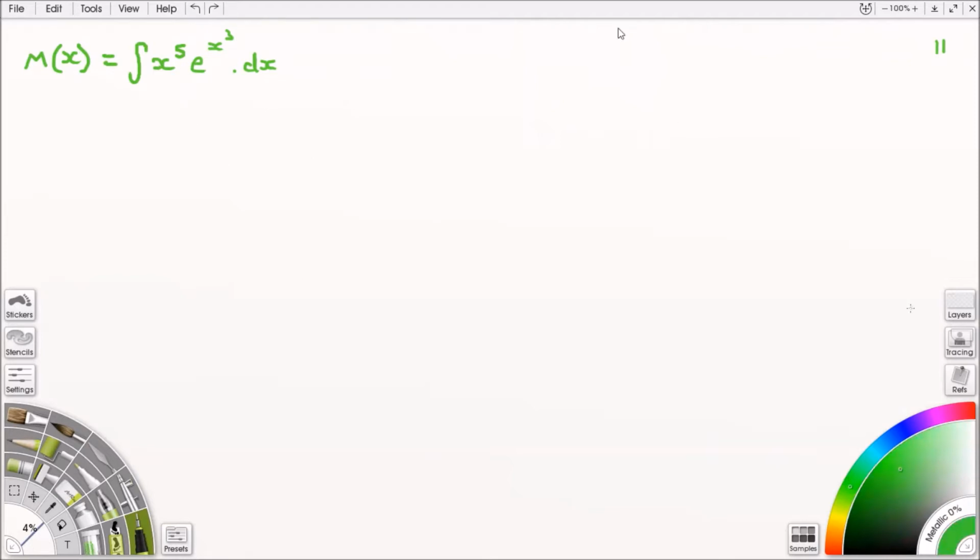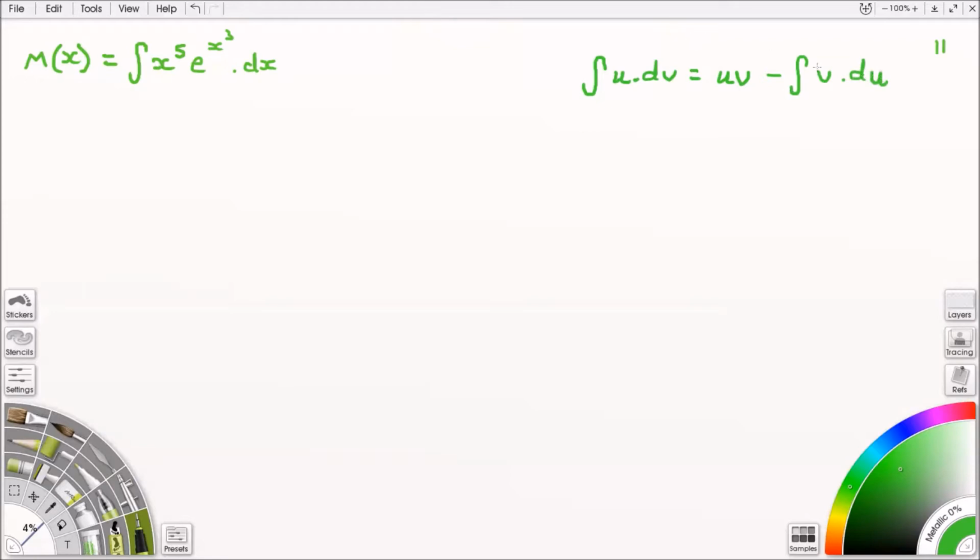So, as we've said in the past few videos, integration by parts is when we're integrating something, we can turn it into this form, with u dv equal to uv minus the integral of v du.